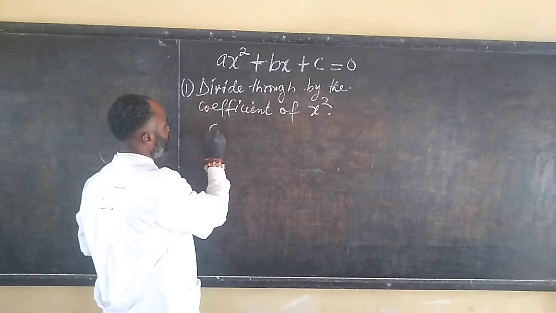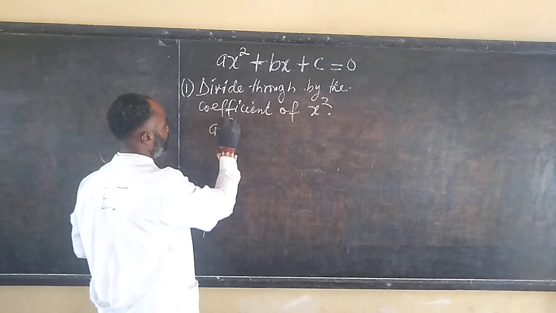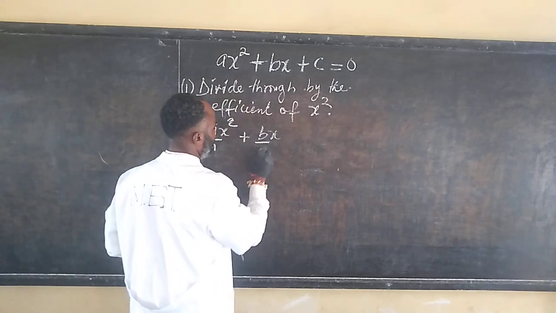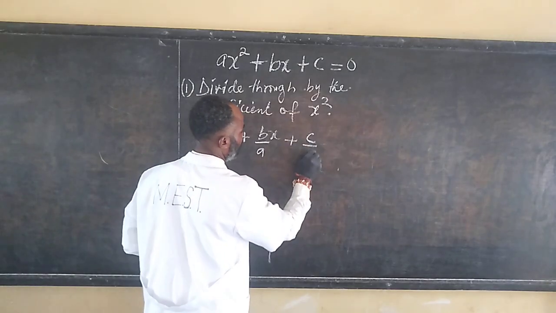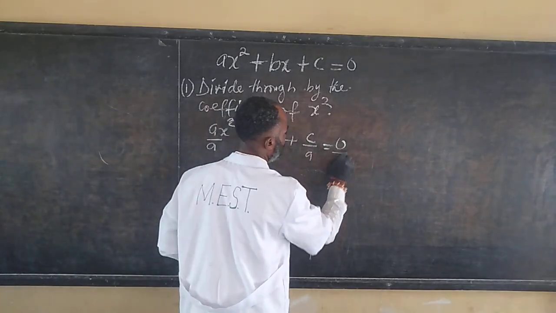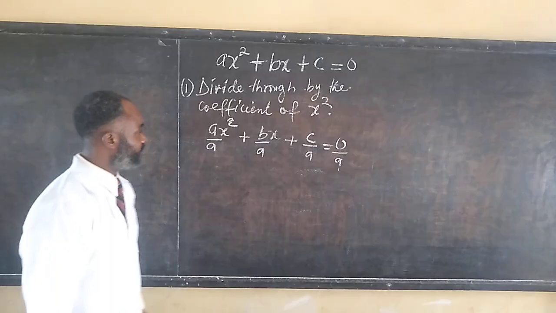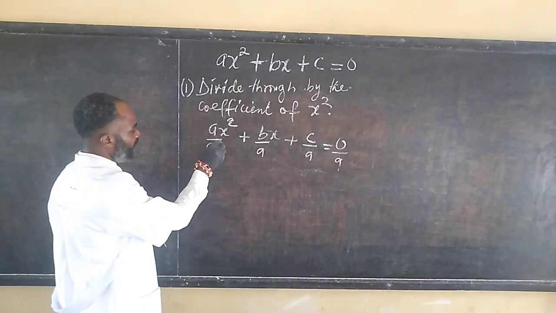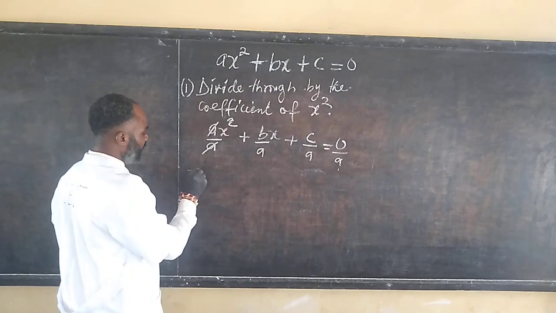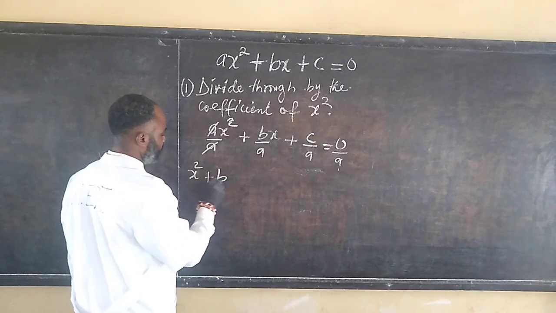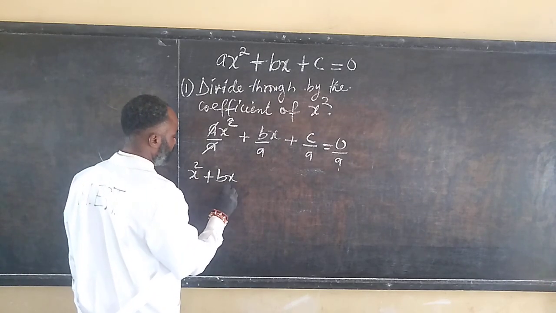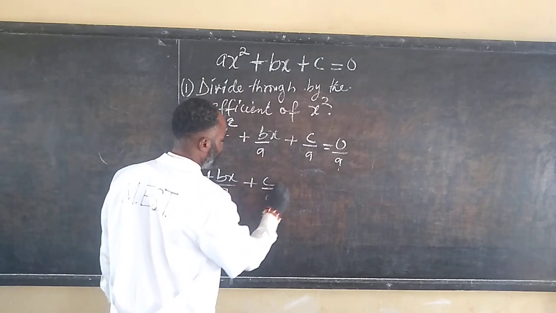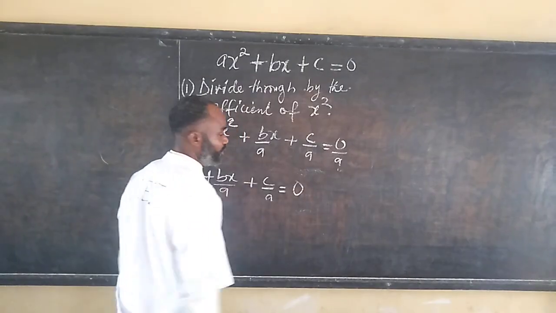So we go ax squared over a plus bx over a plus c over a all equals 0 over a. Automatically, we cancel a, and we have x squared plus bx over a plus c over a. Of course, 0 over a remains 0.